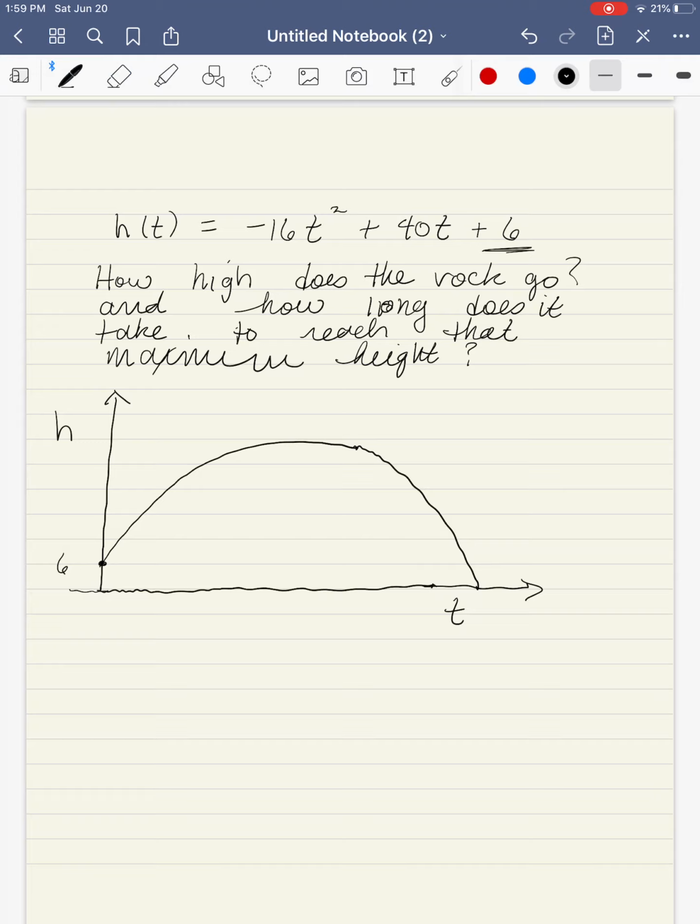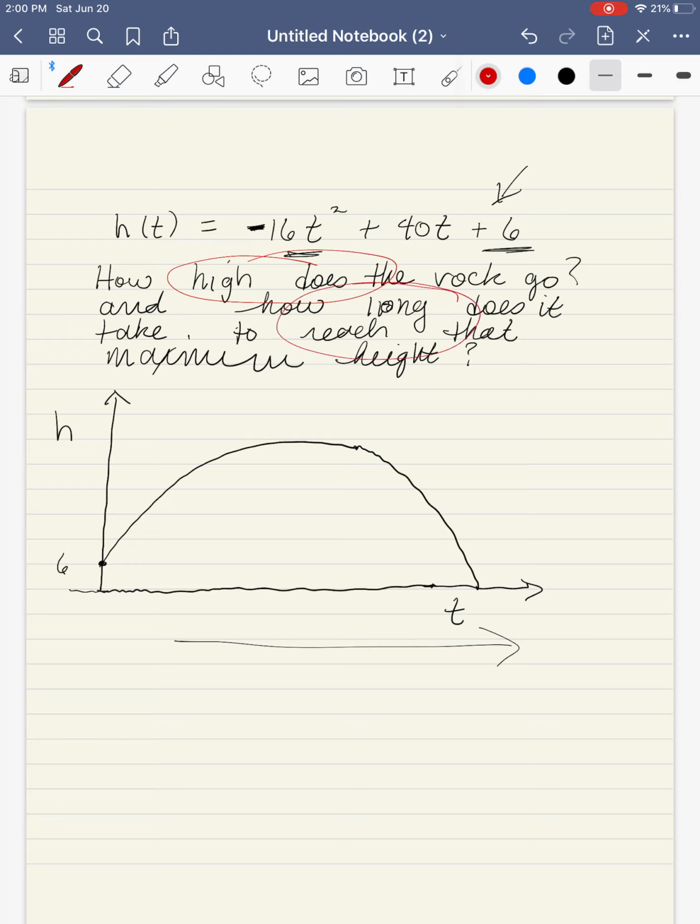I am not throwing the rock in a curve like that. I'm throwing it straight up and straight down. But stretched out over time, the model is a nice parabola. And that's because we have a quadratic equation with a negative coefficient on the t-squared, which gives me a downward facing parabola, exactly as we see in the picture.